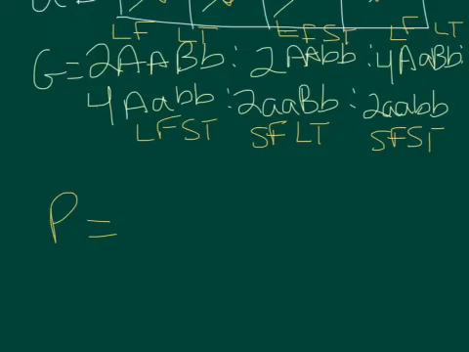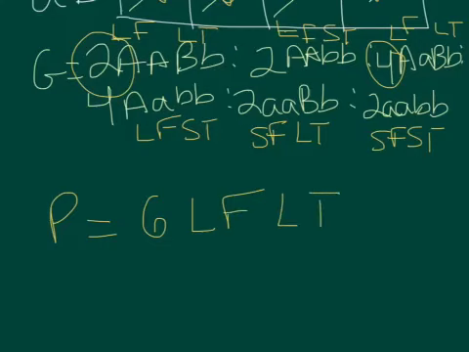Okay, so let's count out our totals. How many long fur, long tails do we have? We have 2 here and 4 there. So that gives us a total of 6 with long fur and long tail. I know this is messy, bear with me. How many long fur, short tails do we have?